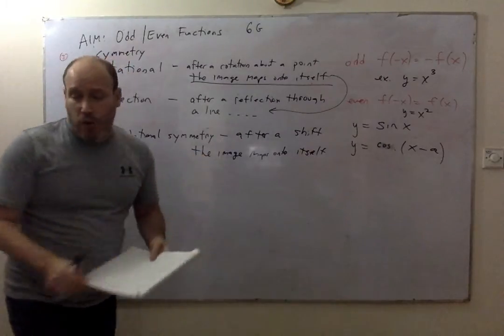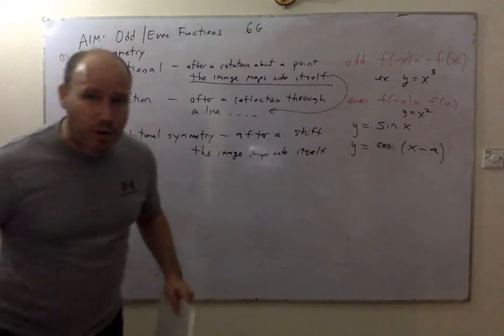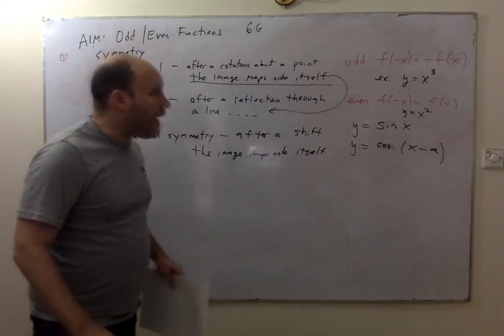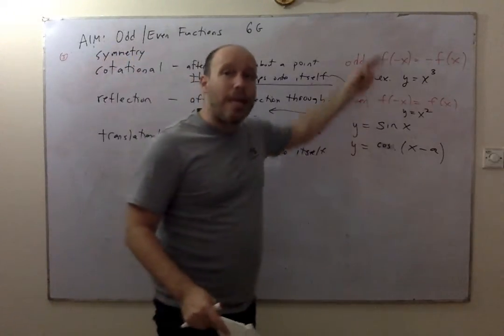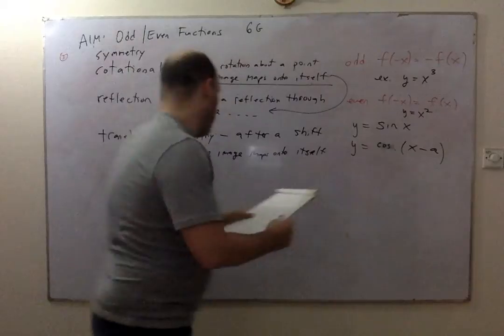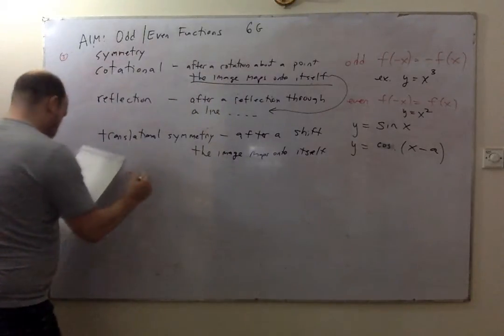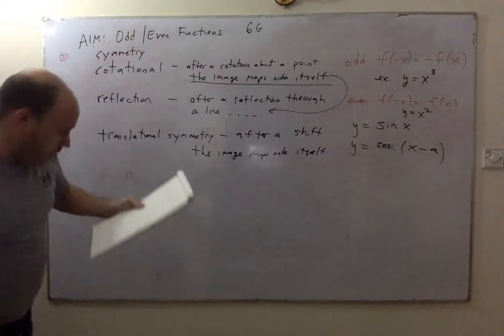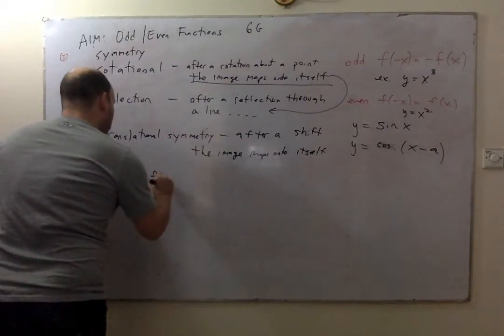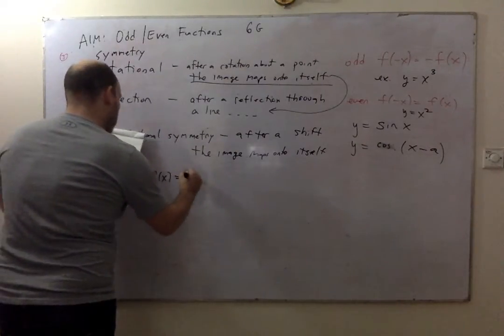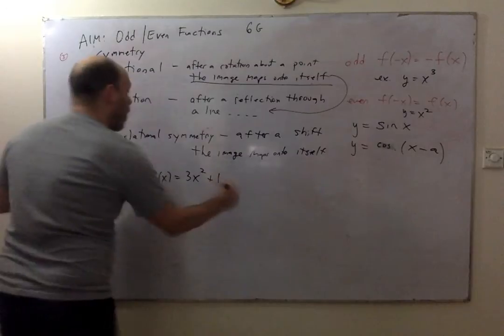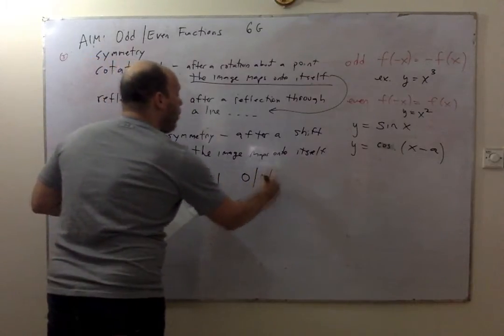So you're going to be asked first, is this function even or odd? What you're going to do in both cases is replace the x with a negative x and see what happens. So is f of x equals 3x squared plus 1 odd, even, or neither?